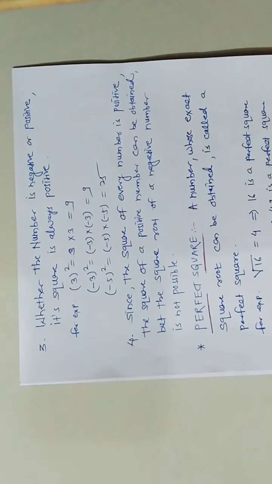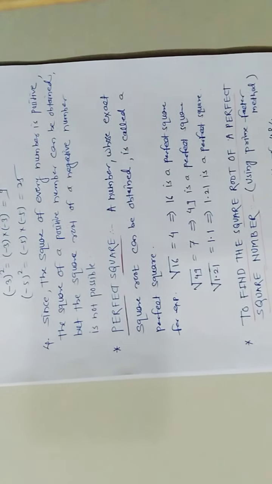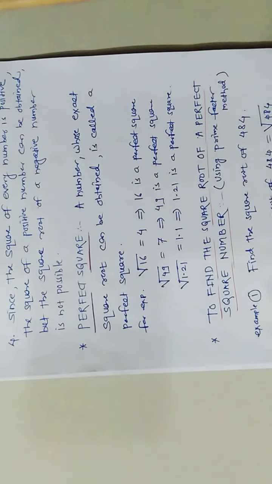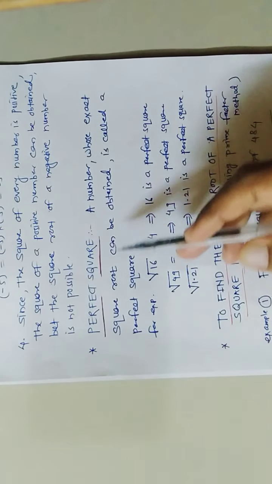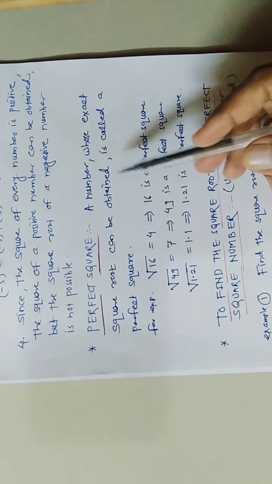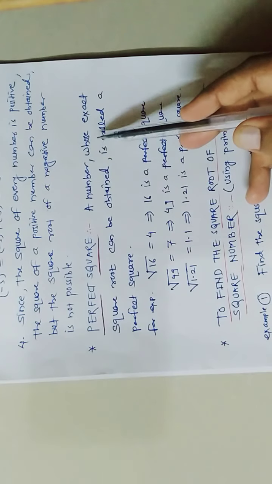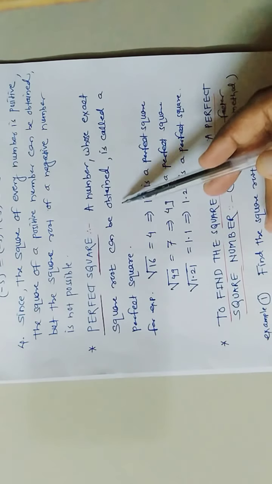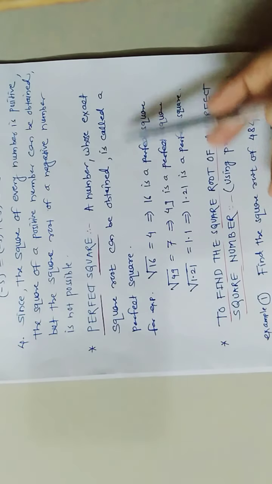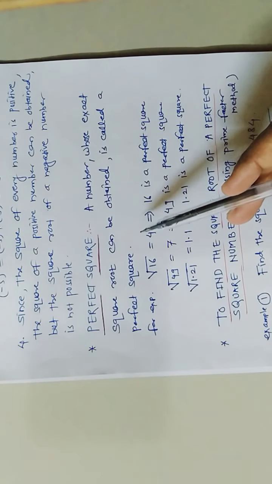Now we'll see the next definition: perfect square. A number whose exact square root can be obtained is called a perfect square.